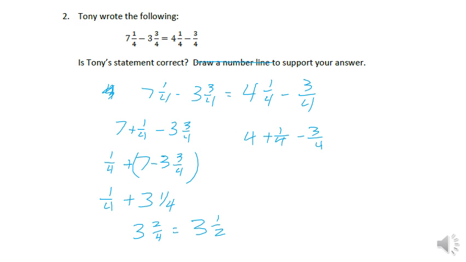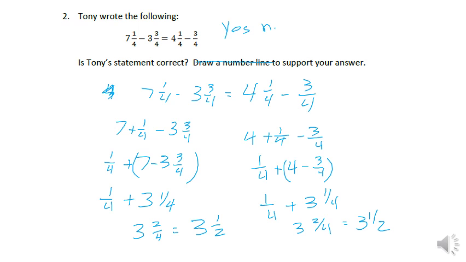We're going to swap this around to 1/4 plus 4 minus 3/4, allowing us to subtract from the whole, which is 1/4 plus 4 minus 3/4 is going to give me 3 1/4, which is equal to 3 2/4, which is also equal to 3 1/2. So yes, he is correct.